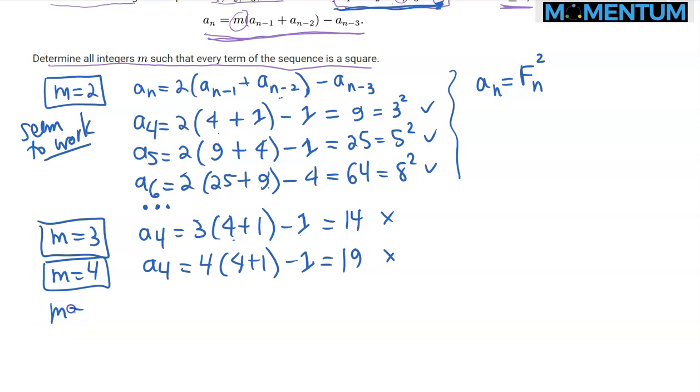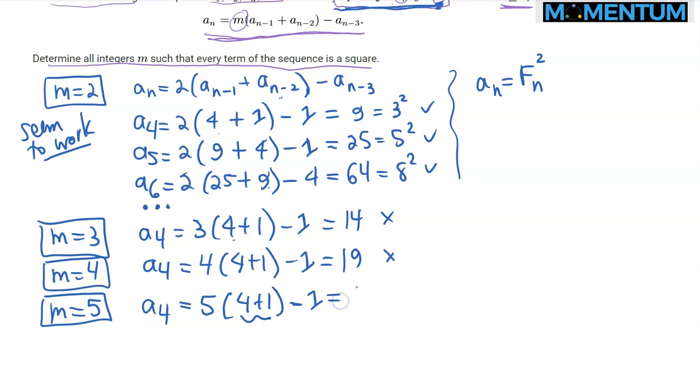You can keep going, but I think you can see where the next m that will end up working is. a4 is equal to 5 times m, minus 1, since 4 plus 1 is always 5. So it is 5 times an integer, minus 1, and its units digit ends up being either a 4 or a 9, and we want this to be a square.